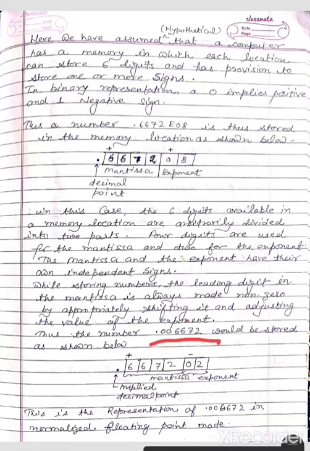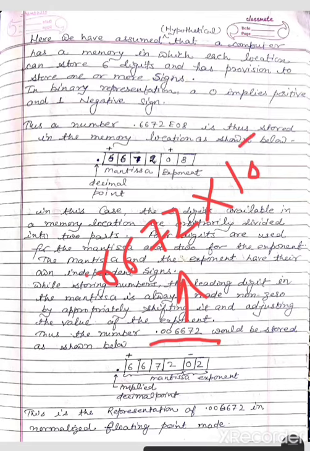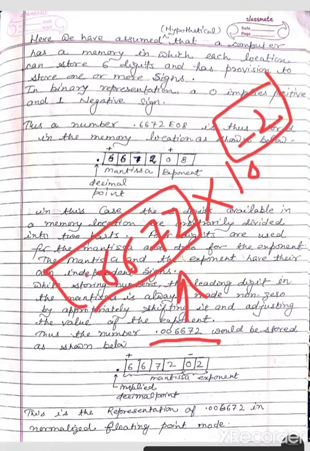So we can write this number as 0.6672 multiplied with 10 raised to the power minus 2. This gives the mantissa part and this gives the exponent part. Here is the decimal point, 0.6672 is the mantissa, and this is the 02.